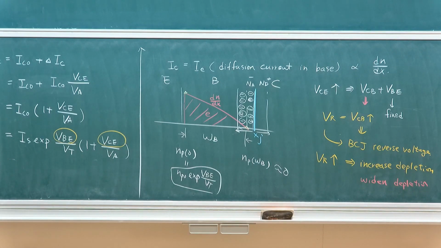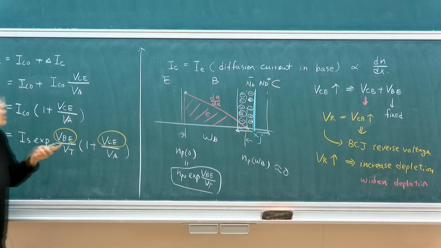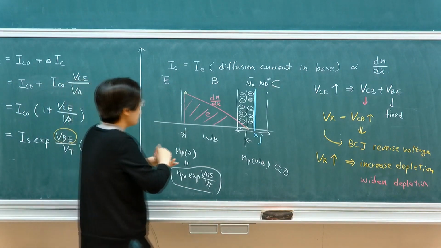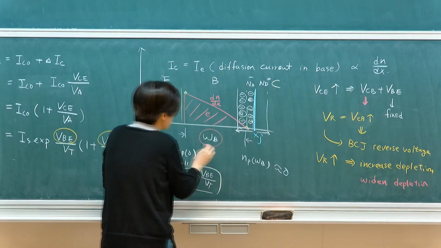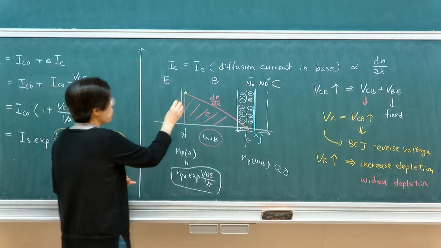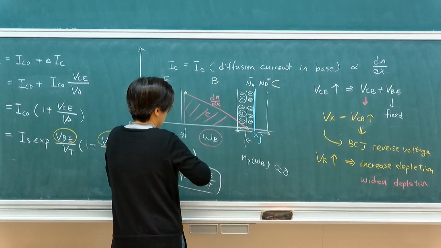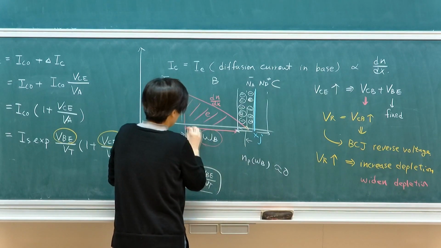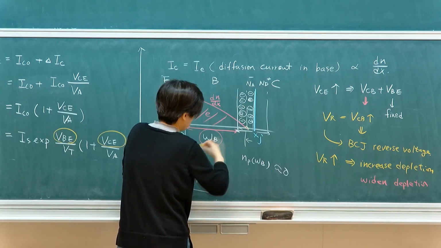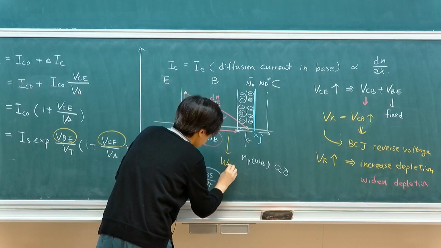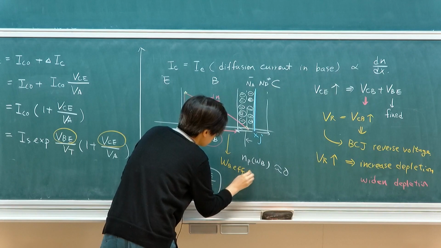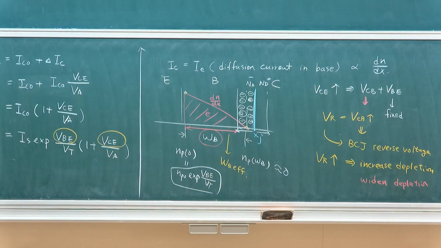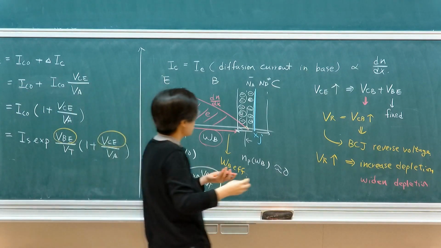But if my base is only 0.1 micron, any inching would affect something we call, instead of having a physical WB, we need to define something called WB effective. So there's an effective WB. There's a discrepancy between the effective and the real WB. So what is an effective WB?